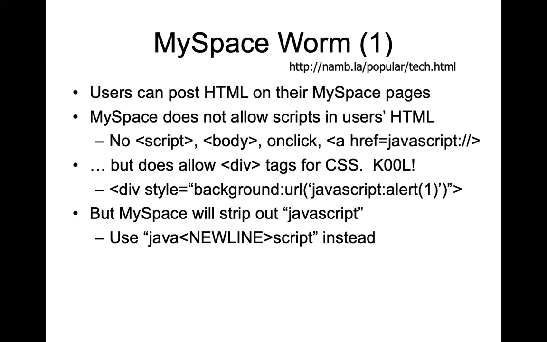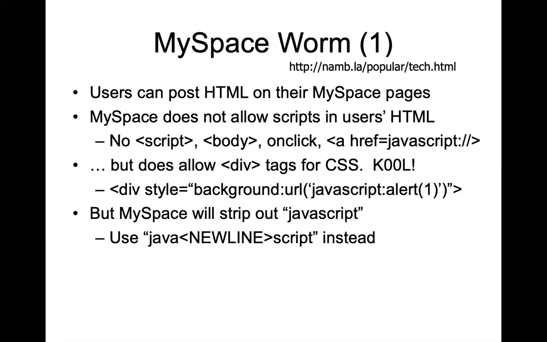As far as the web browser was concerned, JavaScript all in one word or Java new line script were the same thing, and anything that followed it was valid JavaScript. But as far as the MySpace web server was concerned, their filter did not include a rule for Java new line script. So this was a mismatch in the semantics of JavaScript between MySpace's web server and the Internet Explorer browser.